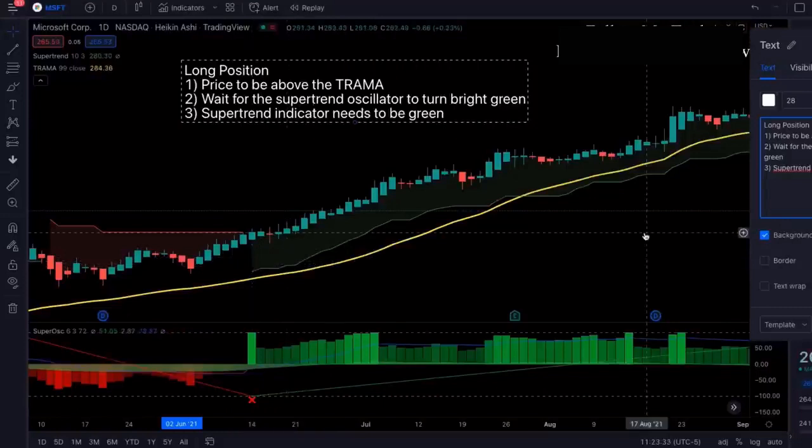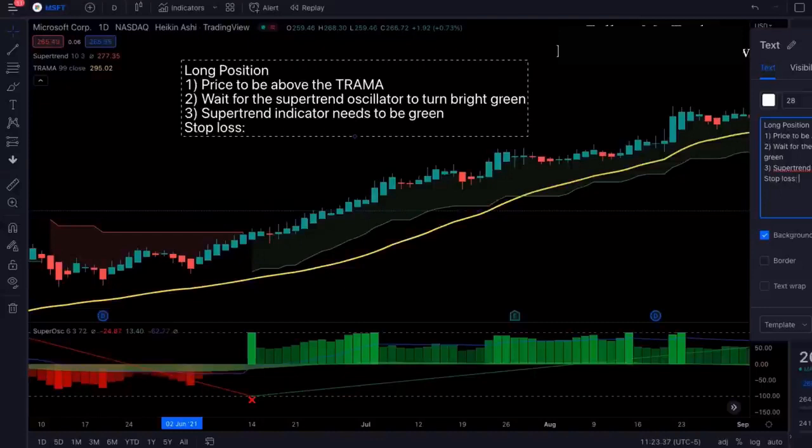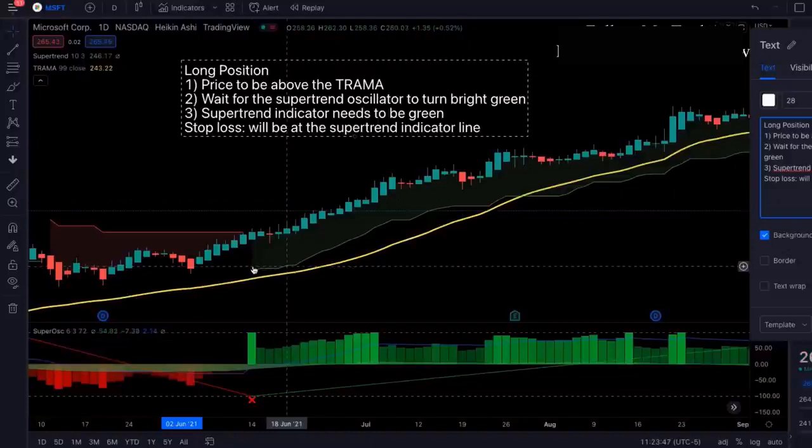Now where are you gonna put the stop loss? The stop loss will be at the super trend indicator line, so you'd probably put the stop loss around here. Now where do you take profits?